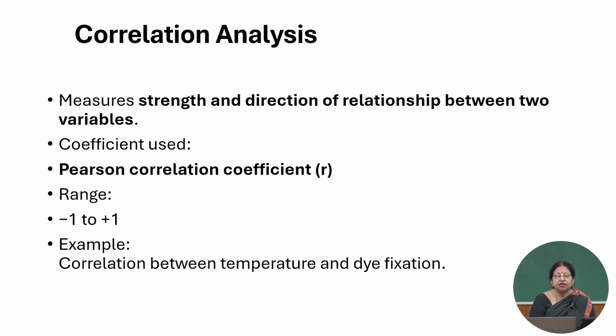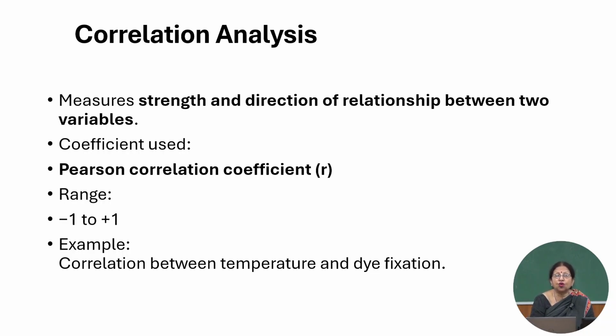Correlation analysis measures the strength and direction of the relationship between two variables. The coefficient used is the Pearson correlation coefficient R, which ranges from -1 to +1. For example, the correlation between temperature and dye fixation. It is a common myth that the more you heat, the more dye will be fixed.